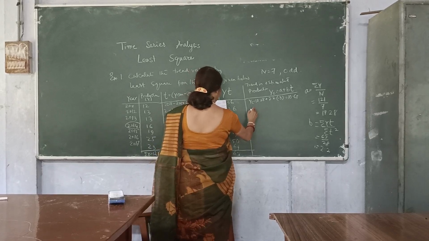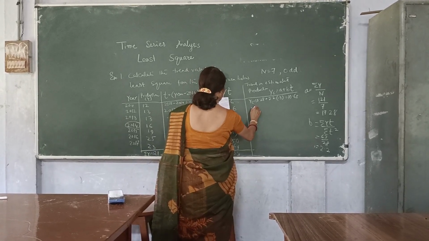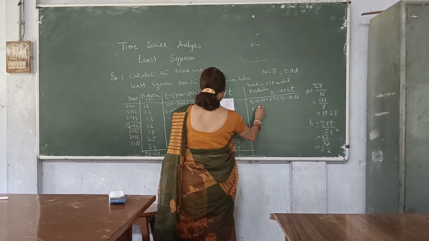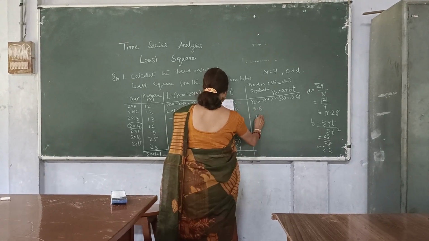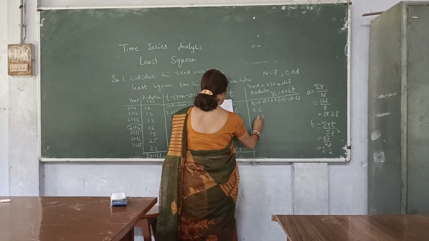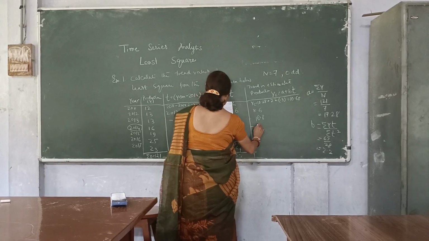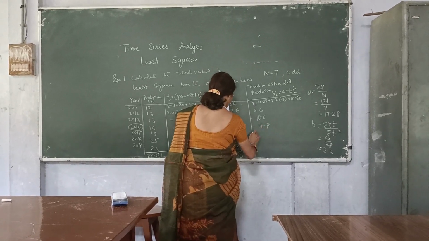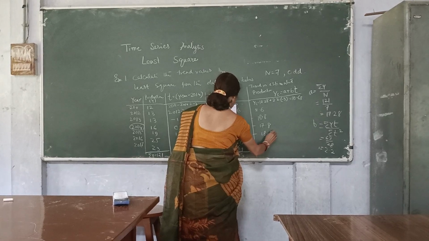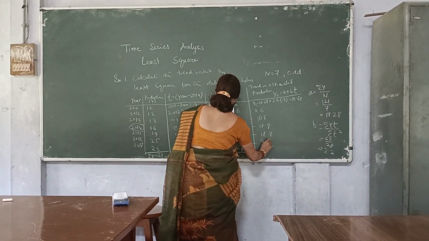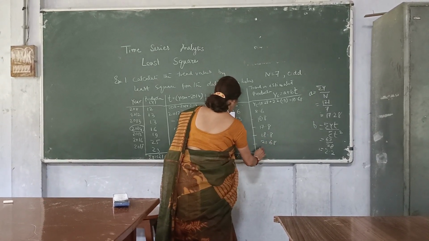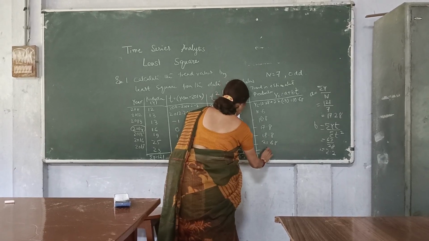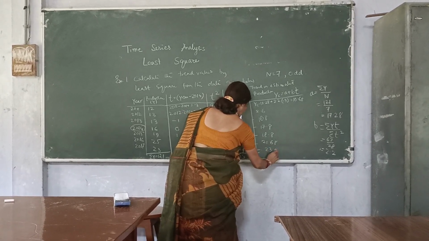Then following the same method, you see 8.6, next one is 10.8, that is 17.8, 18.8, 21.68, and next is 23.88.